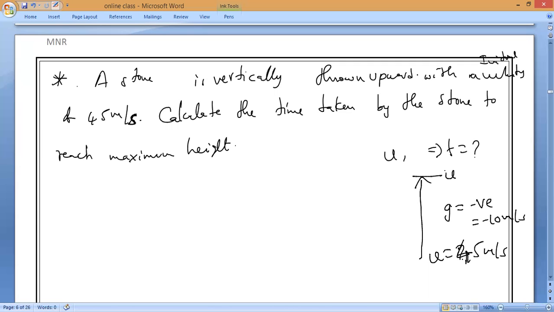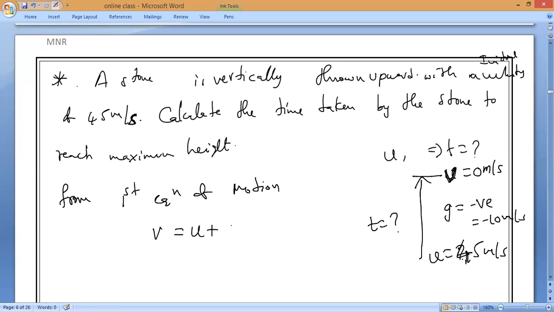It reaches final velocity 0. Height we don't want. We want to find time, so velocity and time, which equation? The first equation of motion: V equals U plus GT.